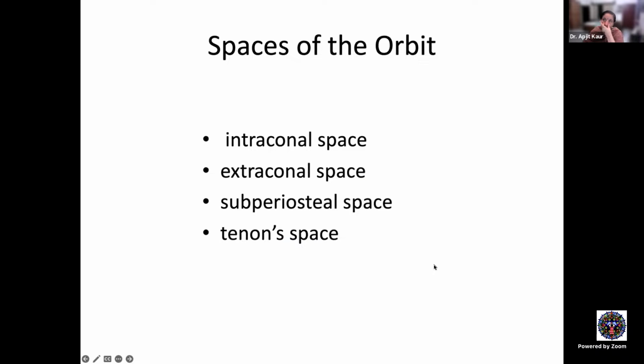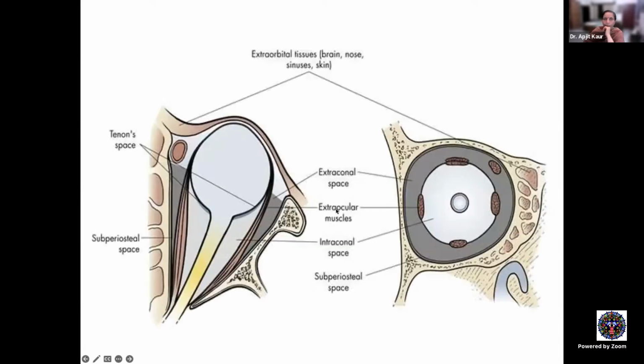Now we move on to another segment which we have to understand, which is the spaces of the orbit. If you see this diagram, this is borrowed from a book. Here is the bone, here is the periorbita, then we have the muscle, then we have this white area. Between the bone and the periosteum is the subperiosteal space.